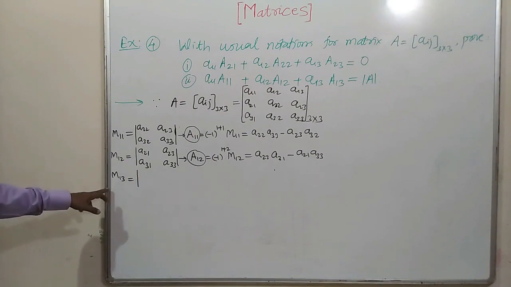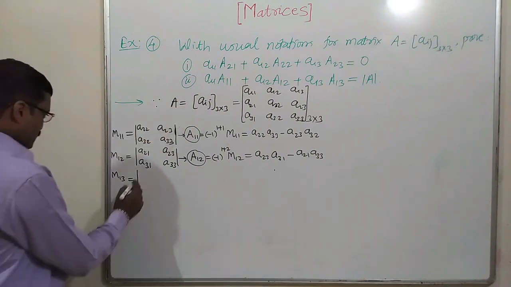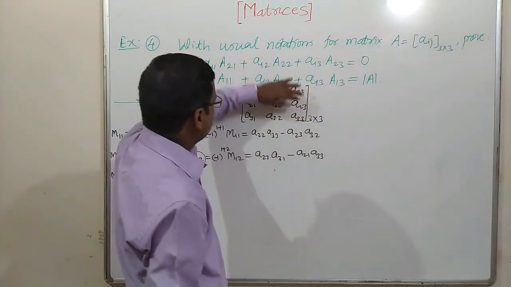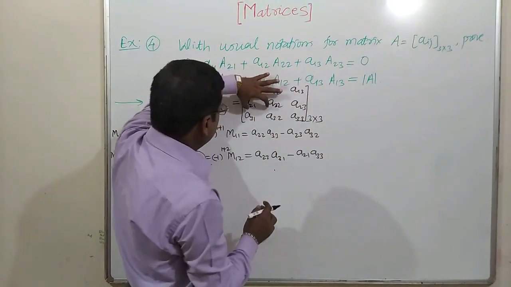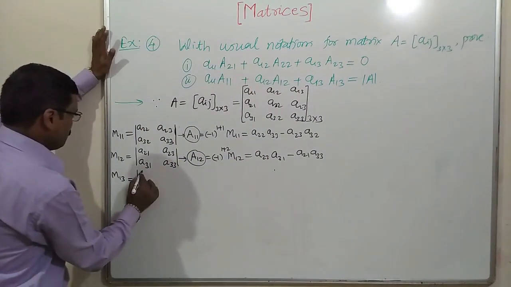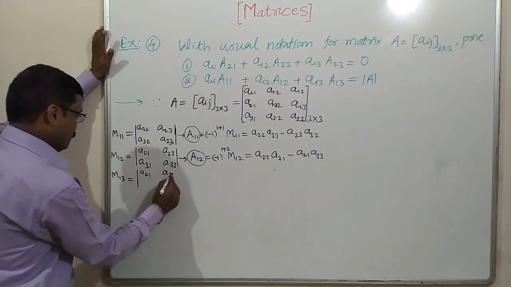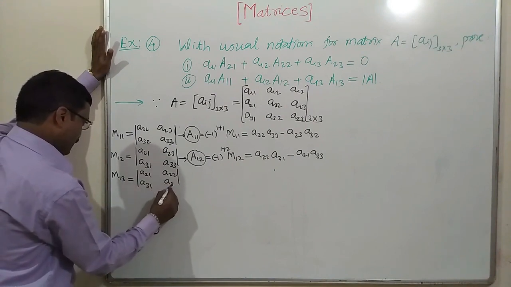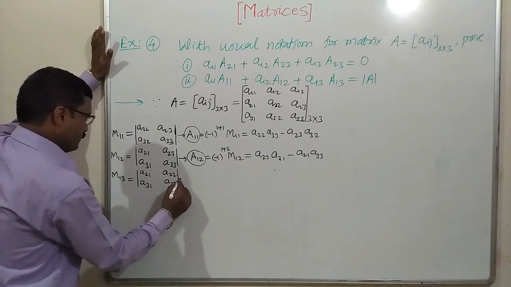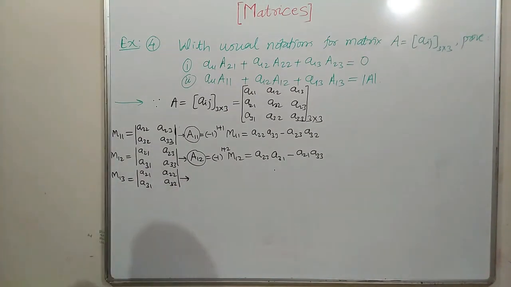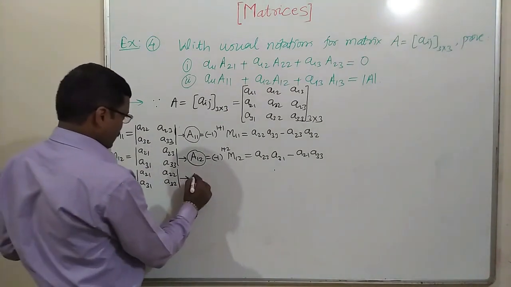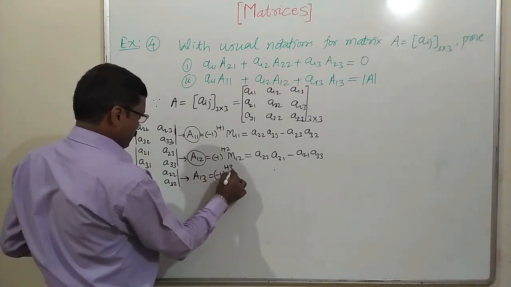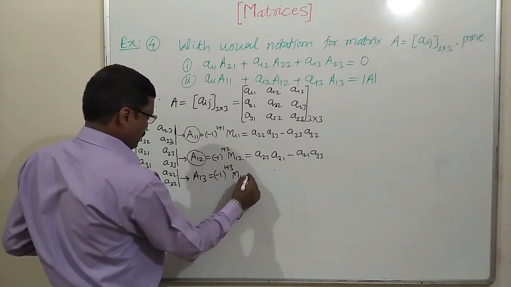Then we need M13 because we need A13. M13 means first row, third column. Eliminating these, we get this minor, that is a21, a22, a31, a32. So from this, the cofactor A13 is equal to minus 1 raised to 1 plus 3 into M13.